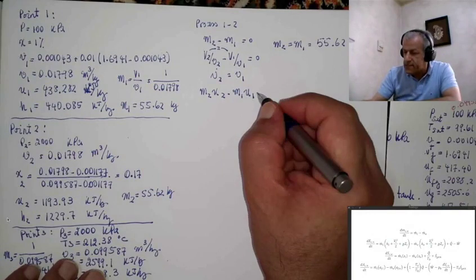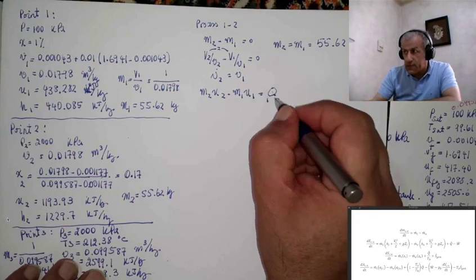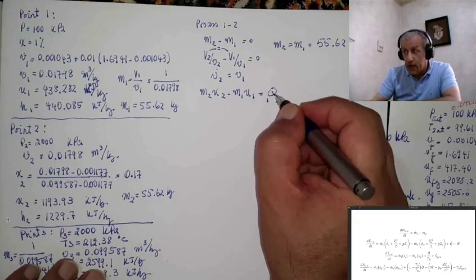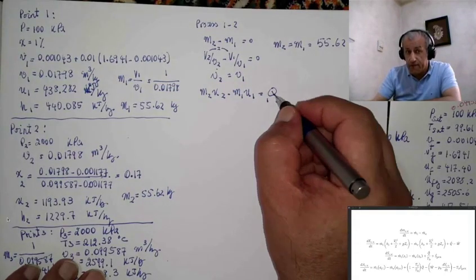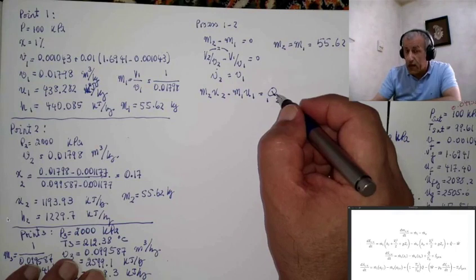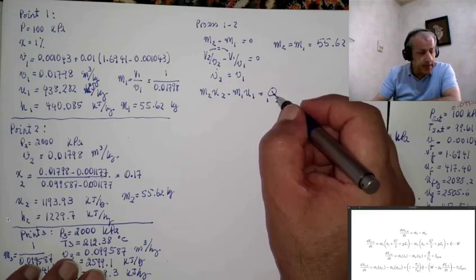There is no mass in or out for the first and second terms on the right. There is heat transfer, and there is no moving boundary, so there is no work. And this is our equation.